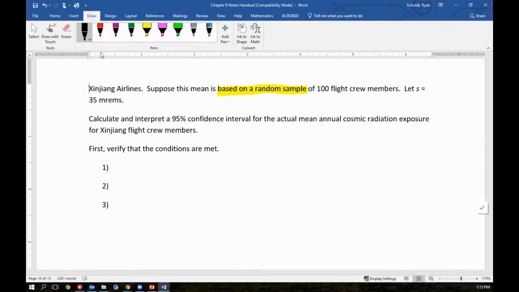Like, is that the problem? You just say no and the hard conditions are met. You could, yeah. So, if it's not a random sample, we couldn't really calculate much.